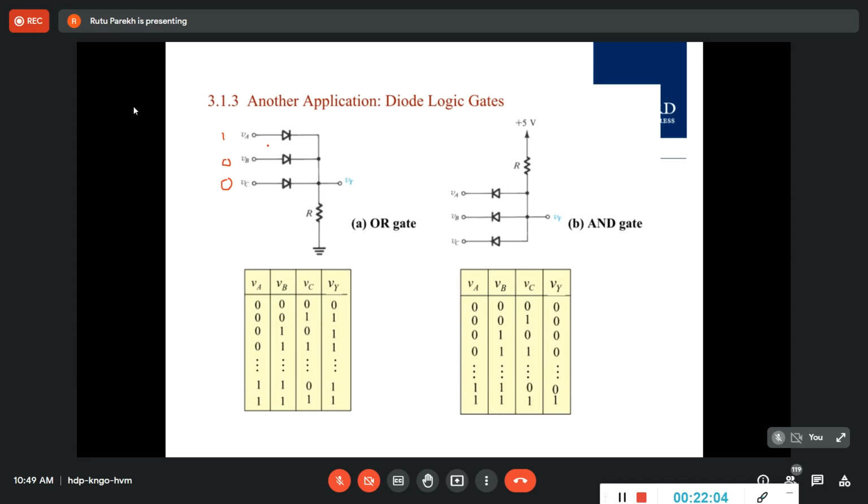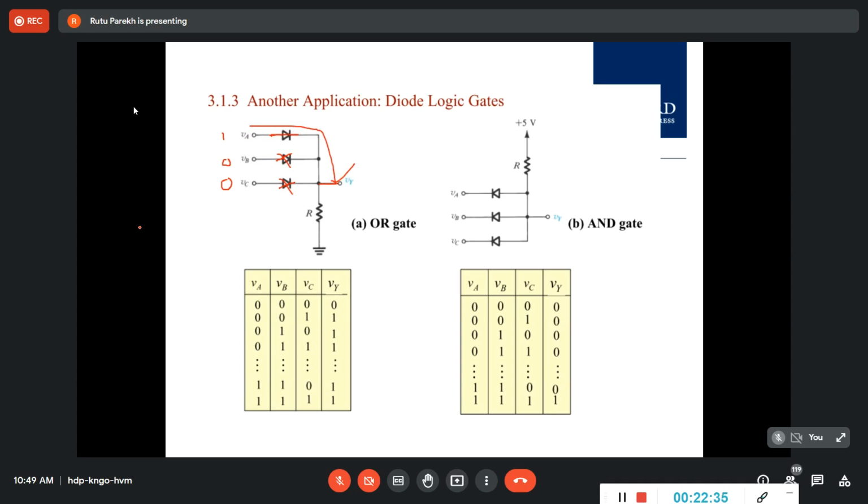If the first one is 1 volt and the other two are 0 volt, what will be your output? 1 volt. Because in that case this diode is forward biased, the others are not conducting, and this 1 volt will appear here, so your output is 1 volt.